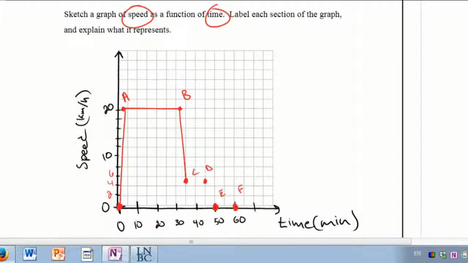Draw a line down here from C to D, she took a little slow down to 5. This is not working well. So point there, point there. She slowed down again, and then from E to F, she was stopped. Try that one more time.